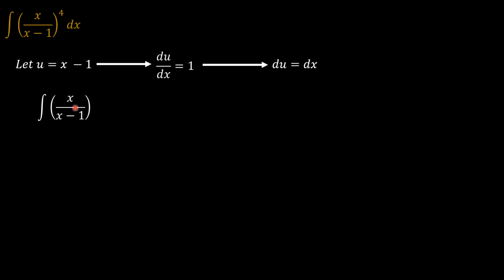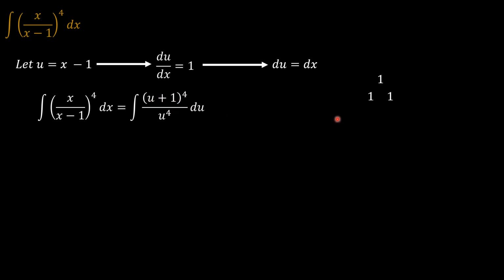And so the integral now becomes the integral of, in place of x, since x is u plus 1, we have u plus 1 to the power 4, and the denominator x minus 1 is u to the power 4, and in place of dx we have du.